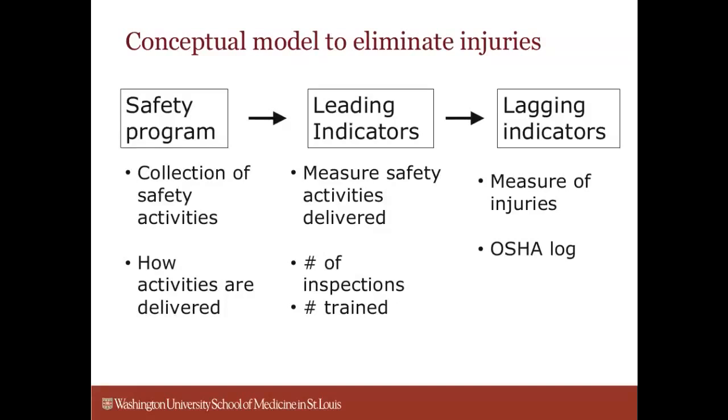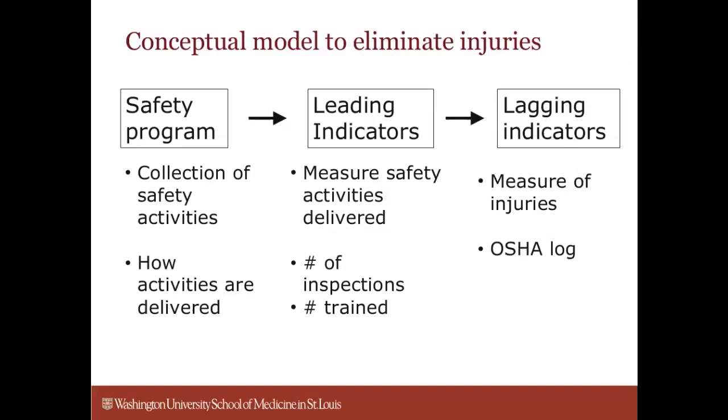And on the left side of your screen, the way we go about reducing them is by designing a safety program that's actually giving the workers and management the information they need to perform the task so that the work is reducing the risk for the injuries.